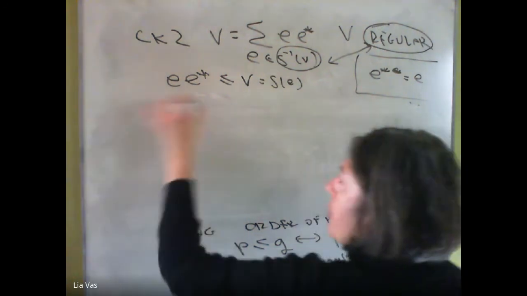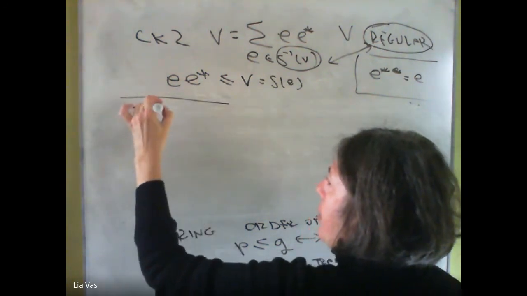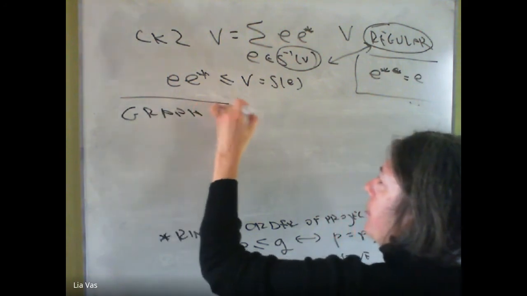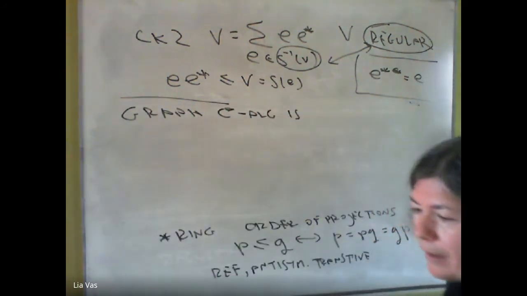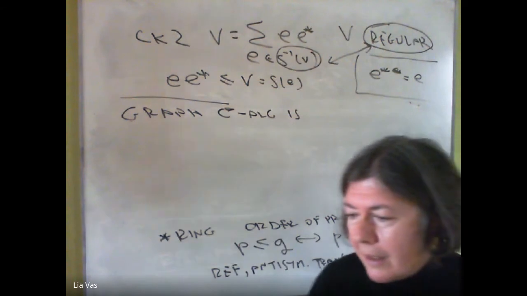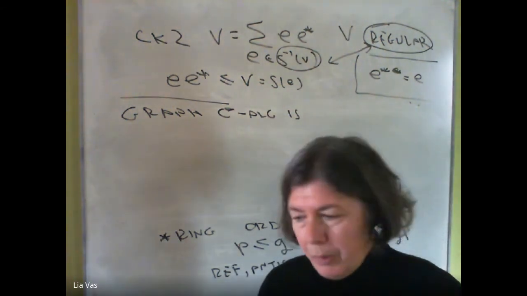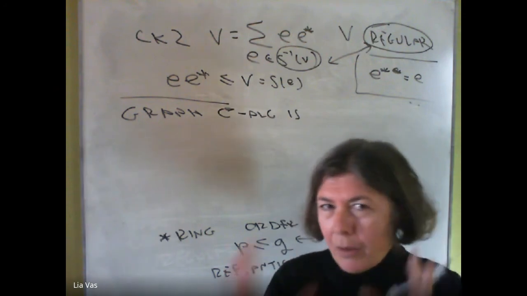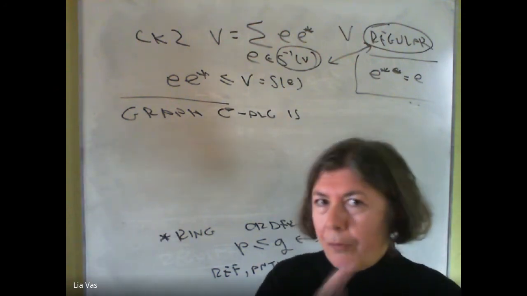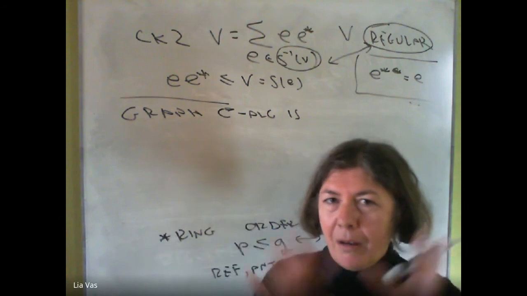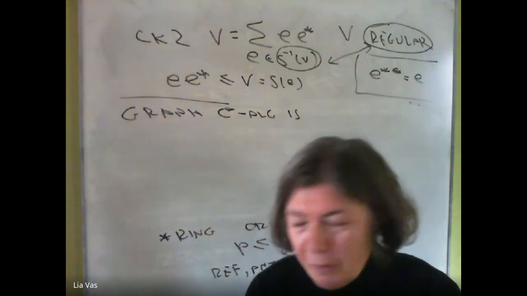A graph C-star algebra. So a graph C-star algebra is what they say in C-star algebra world. It is a universal C-star algebra. So in our algebra world, that will correspond to a free algebra over something, right?